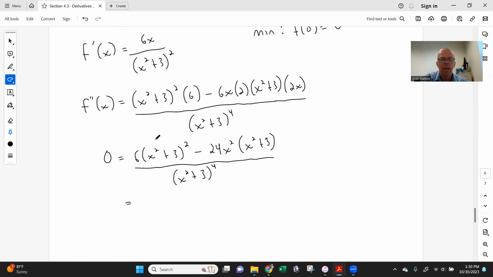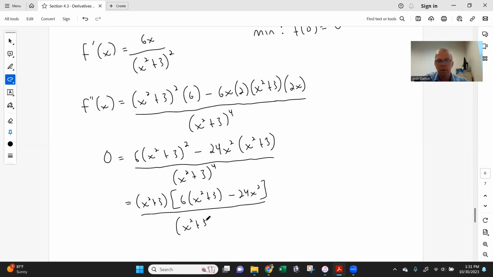All right, so now we have x squared plus 3 squared and we have x squared plus 3. So let's pull that out. And we are left with 6 times x squared plus 3 minus 24x squared all over x squared plus 3 to the 4th.